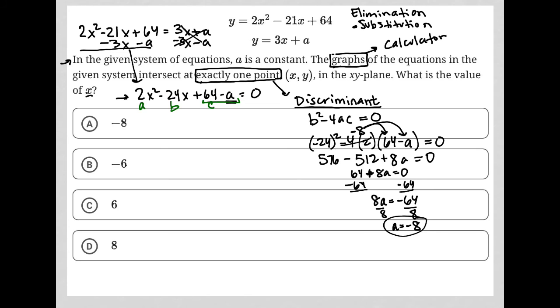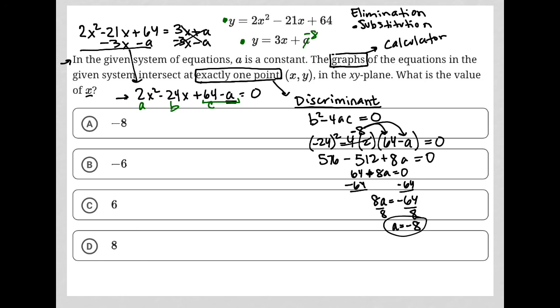So I'm going to just clear this up a bit. Again, if I now know that a is negative 8, I can take both of these equations and graph them in the integrated Desmos calculator or onto my own graphing calculator, and I'm just looking for where they intersect.